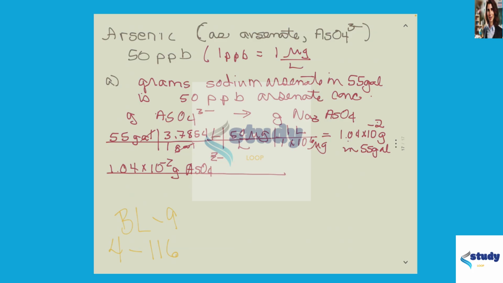That's 3 minus, my bad. The molar mass of arsenate, and I just looked this up, was 138.92 grams per mole.